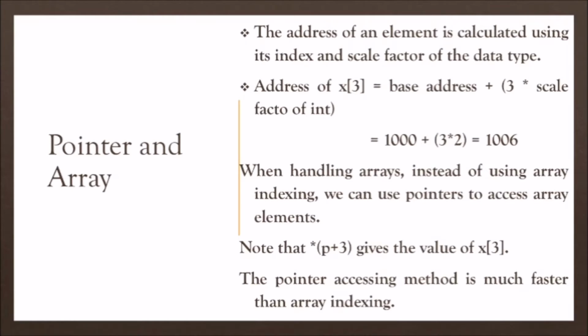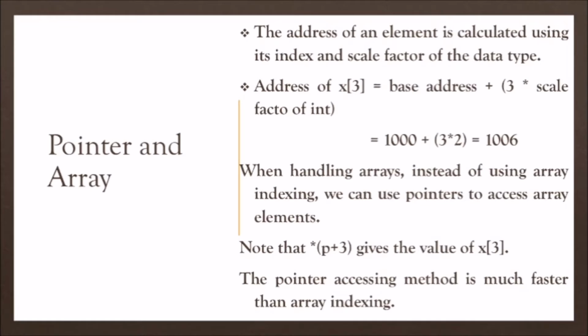When handling arrays, instead of using array indexing, we can use pointers to access array elements, because *(p + 3) gives the value of x[3]. Just as we use a variable and a pointer, we use a pointer and an array.